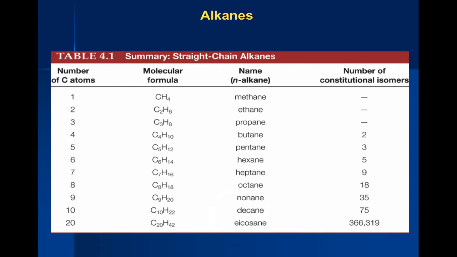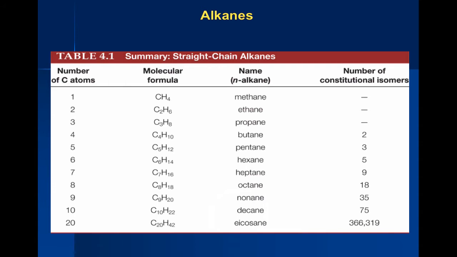Is that the same as that? Absolutely not. These are the only 2 ways that you can put 4 carbons and 10 hydrogens together in an alkane. Okay? Now notice if you go to pentane, you have 3. You go to hexane, you have 5. You go to heptane, there's 9 possible. Things start to get pretty big pretty quick, right?